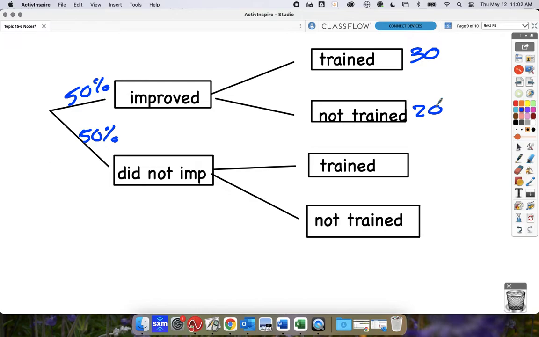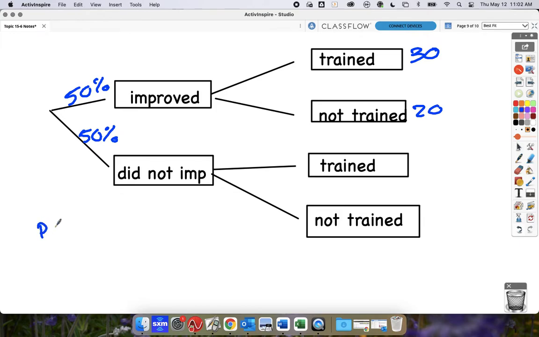Now the question says, what is the probability that a swimmer trained given his or her race time improved? So, 30 over 50. If it improved given that they trained, what is the probability that they trained given they improved?